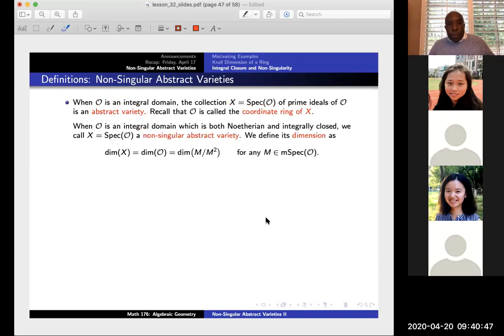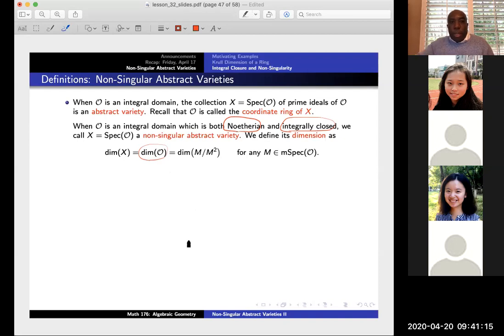Now let's focus on the special case of an integral domain that is both Noetherian and integrally closed. Remember that Noetherian means that I can talk about the height of prime ideals, which means that the dimension is some finite number. That's why I care about Noetherian, so that I can actually talk about the dimension of a ring.